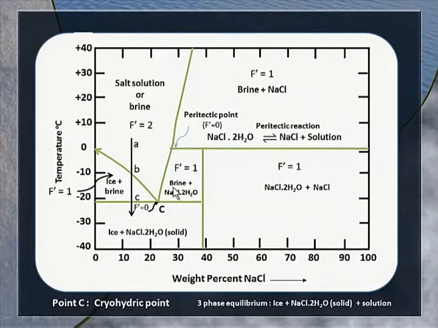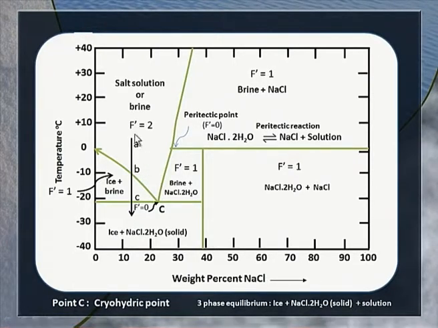It is very clear that above this horizontal line, that means above the peritectic point, the dihydrate cannot exist. Therefore, we have a system with salt solution for which the number of degrees of freedom is 1, because the solid sodium chloride is also in equilibrium with solution.